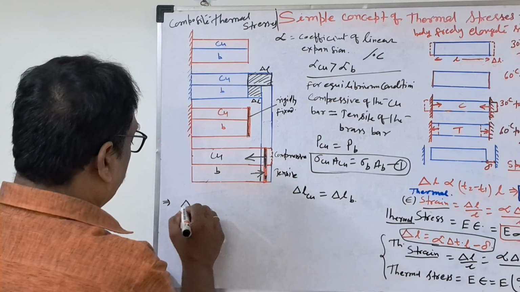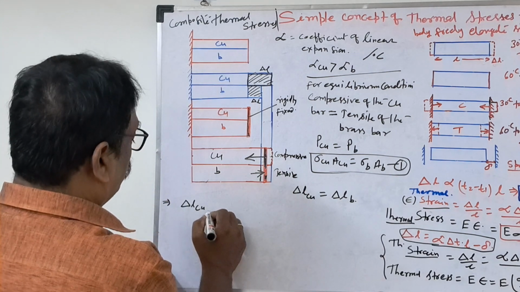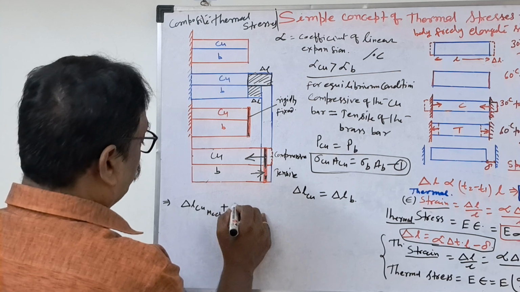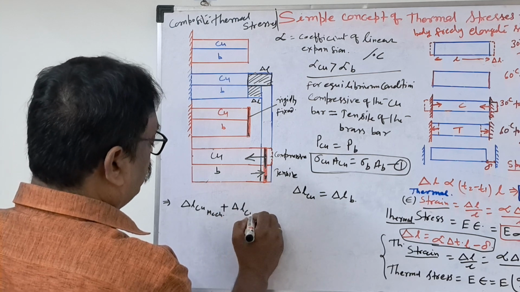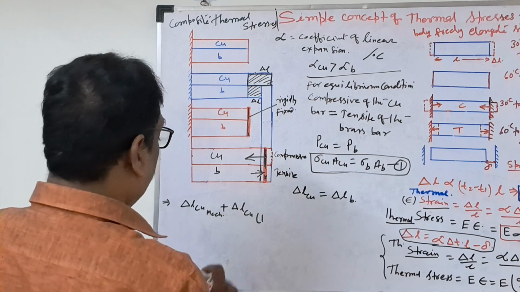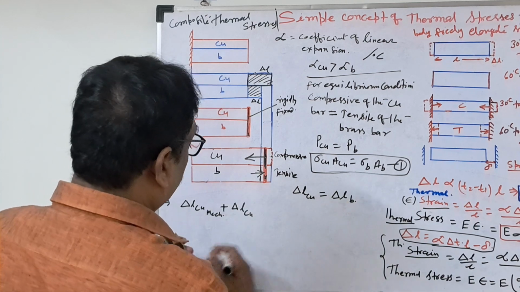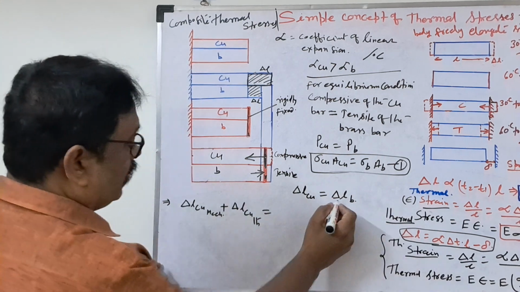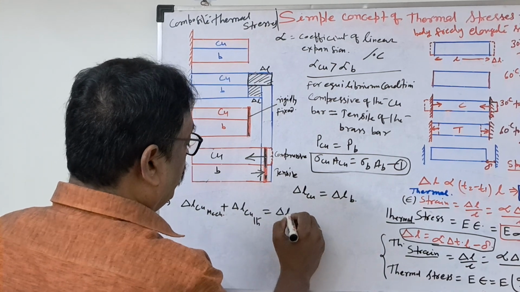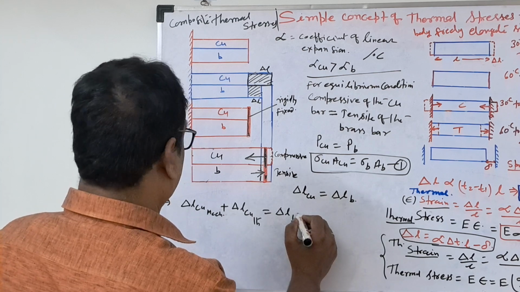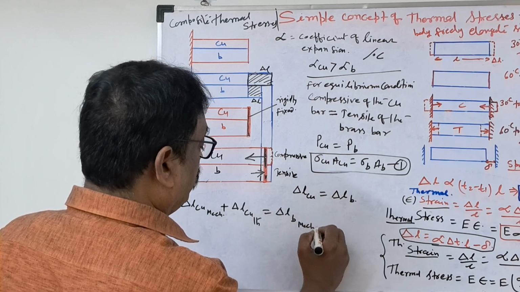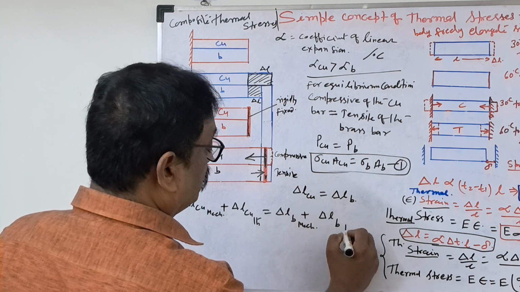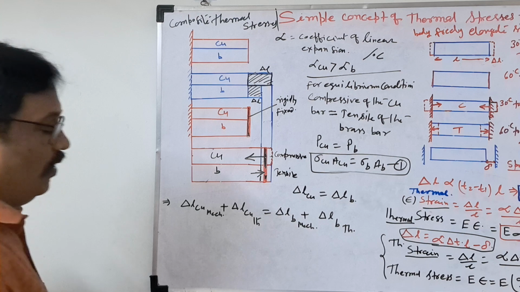So we can write here delta L Cu mechanical elongation, plus delta L Cu thermal elongation. Then equal to, similarly here, delta L brass mechanical elongation, plus delta L brass thermal elongation.